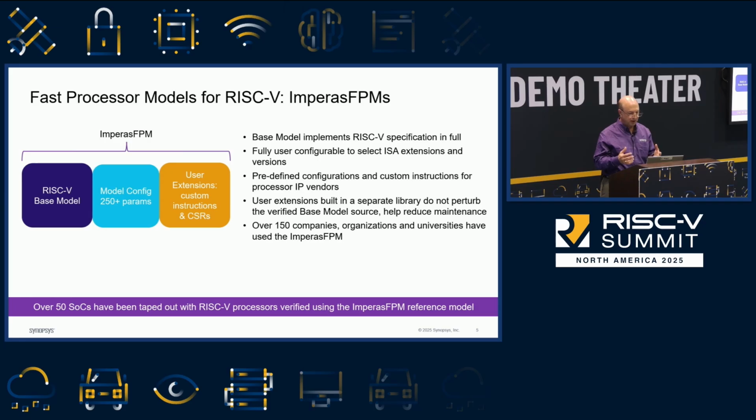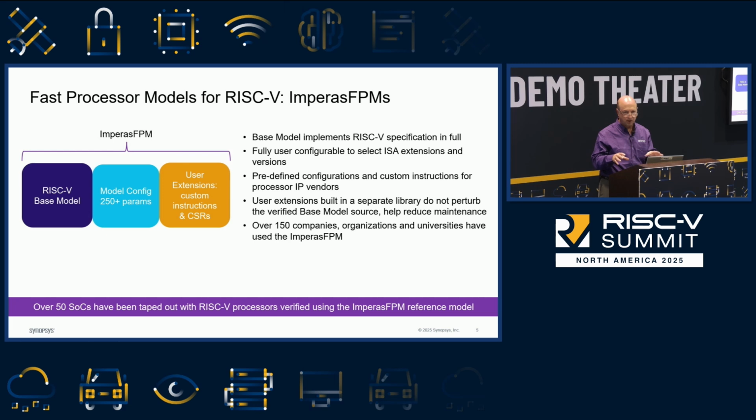So the Empiric's FPM, this is a technology that's evolved over the last 18 years or so. It supports not just RISC-V, but more than 15 different ISAs. The approach, this API-based approach here, provides a very high performance, fully functional reference model.